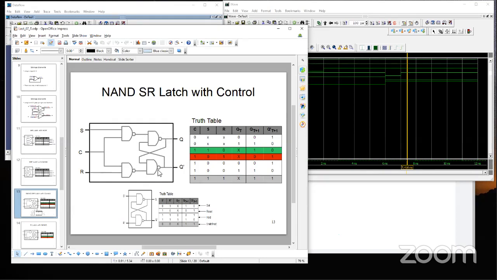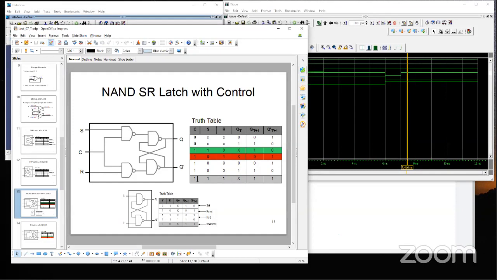So the inner part is really the S bar R bar latch with some control logic outside, where C controls the flow of information from S and R into the S bar R bar latch.